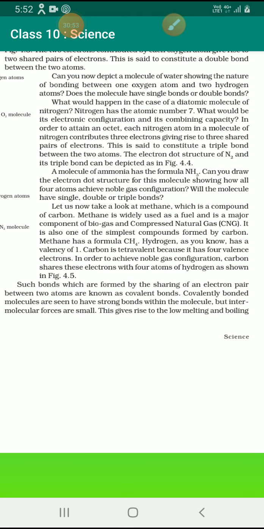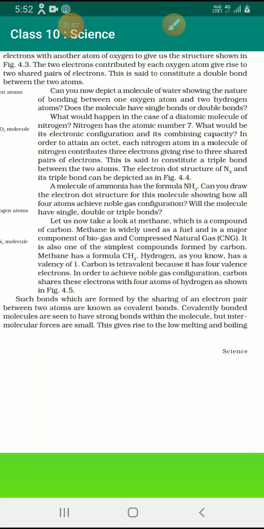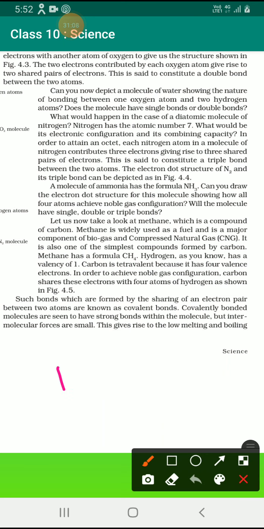So can you now depict the molecule of water showing the nature of the bonding between the one oxygen and two hydrogen atoms? The symbol of the molecule of water is H2O.